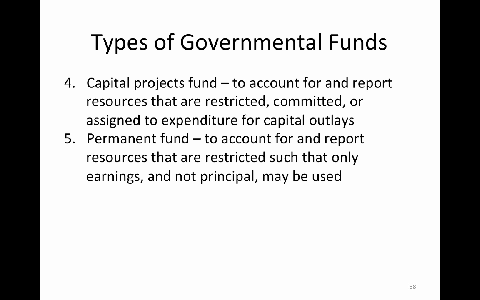For instance, this is where you might see a cemetery fund, where people will pay money into that fund, essentially prepaying their cemetery plot, and the government is required to keep the corpus of that, no pun intended. That's perilously close to corpse, isn't it? The principal of the money in there intact. They invest it, and they use the proceeds of the investments to fund the service, in this case the care of the cemetery.